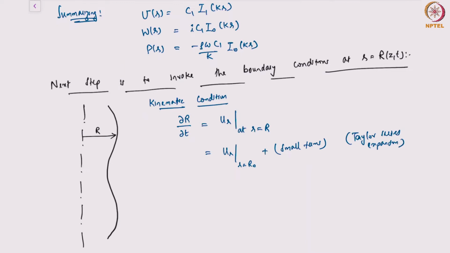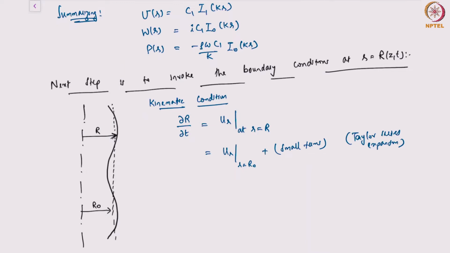In other words, what I'm trying to arrive at is that you originally have an unperturbed interface at a distance of R0. If the perturbation amplitude is small, if epsilon is very small, then the boundary condition should ideally be on the interface, which is at R equals capital R. But the velocity at R equals capital R can be expanded about R equals R0 using a Taylor series expansion.